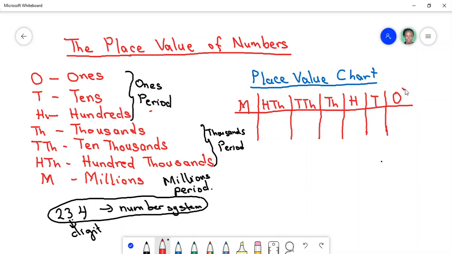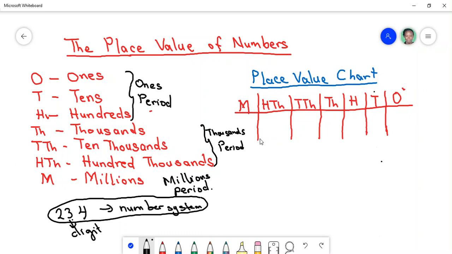You see your ones here. This is your 10, 100, 1,000, 10,000, 100,000, and millions. It's very important to know this place value chart because when you do, it becomes easier to deal with the numbers and to call out the numbers as well.